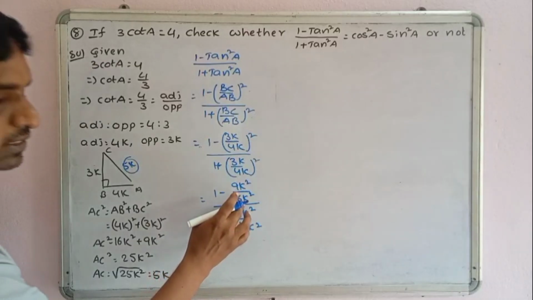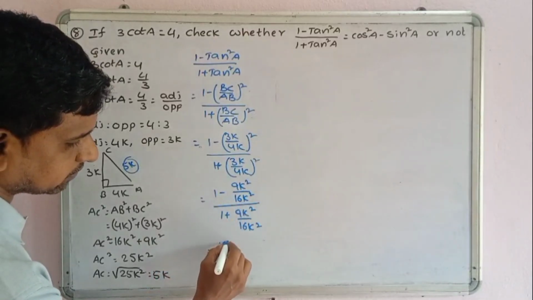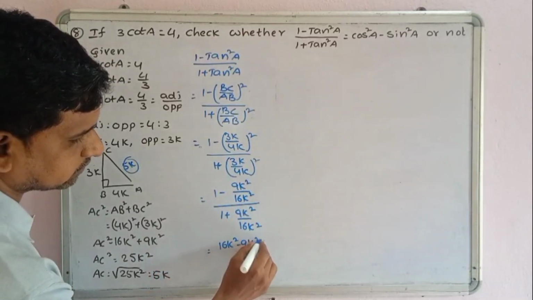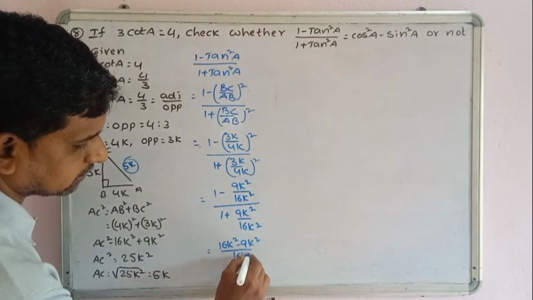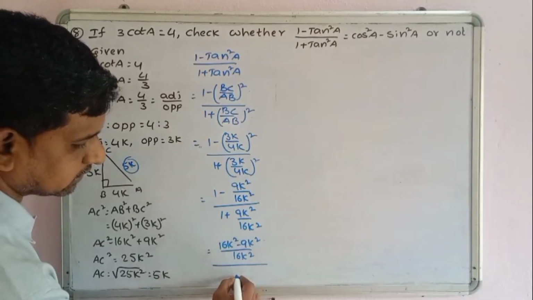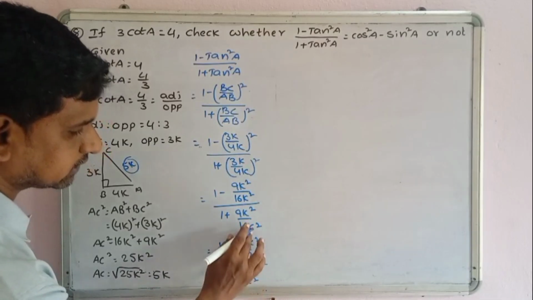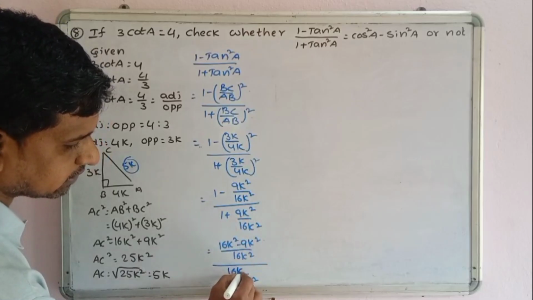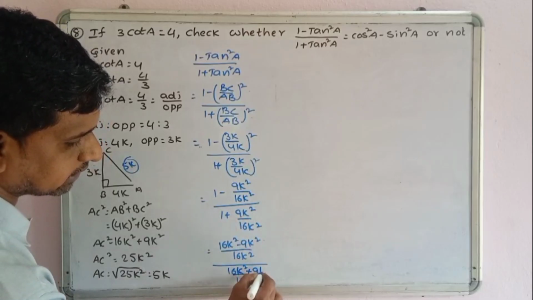Now 16k square into 1 is 16k square, minus 9k square, by 16k square. In the denominator, 16k square is there, 16k square into 1 is 16k square plus 9k square.